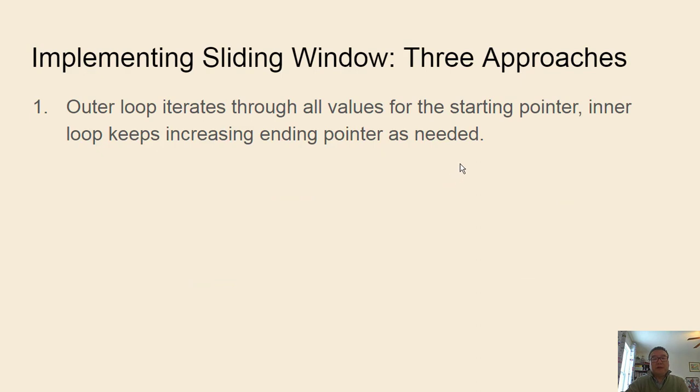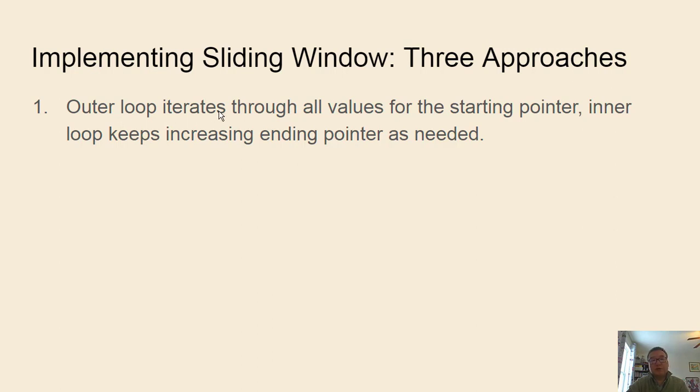And to implement sliding window, I find that there are three different approaches. I tried all three when I was developing this lecture. The first approach is to use a nested loop, an outer loop and inner loop.